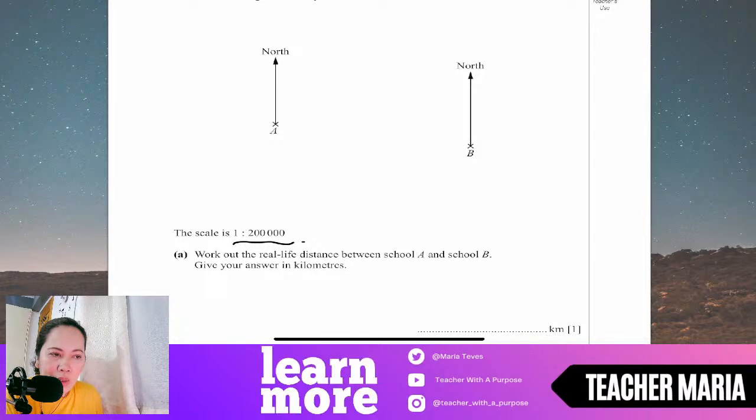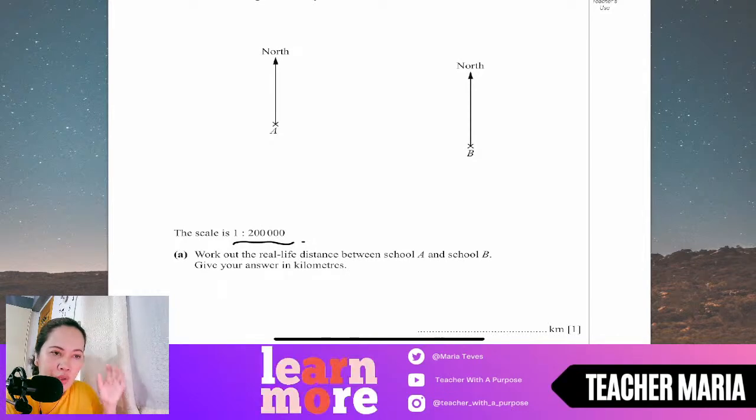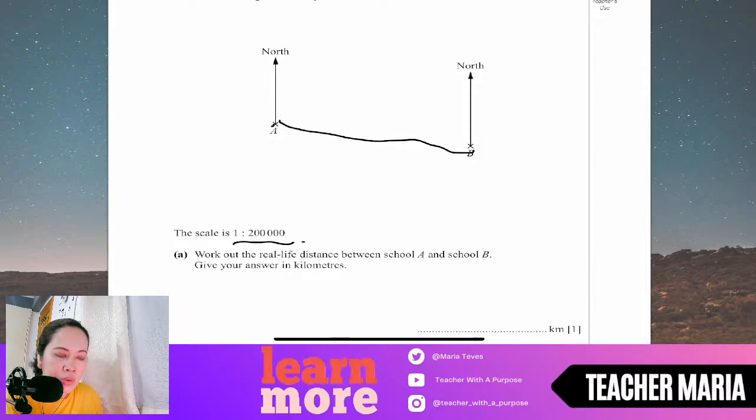Okay. So now, when they say work out the distance from A and B, what you need to do here is you use your ruler and you measure from A to B. So that is how you would answer a scale drawing.